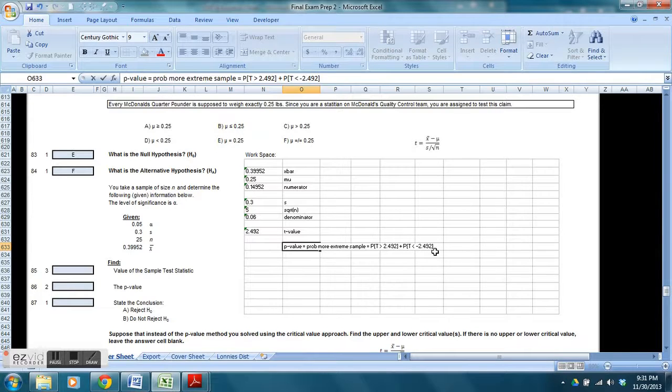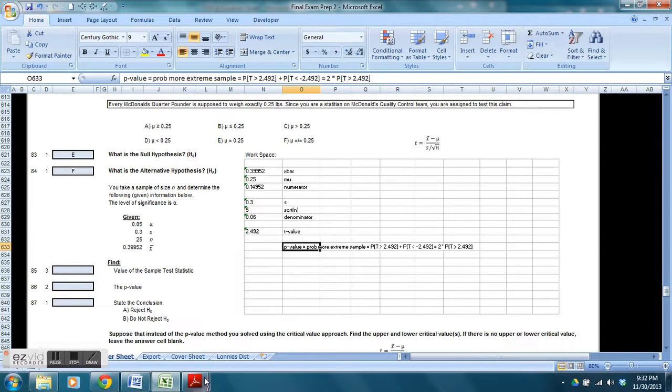And basically what you'd be looking at, if you're looking at a t distribution that's symmetrical, you'd be looking at the probability that t is greater than this 2.492 value, the right tail, and the probability that it's less than the left tail. And these two tails have an equal probability, so the sum of these two probabilities is the same as 2 times the probability that t is greater than 2.492.